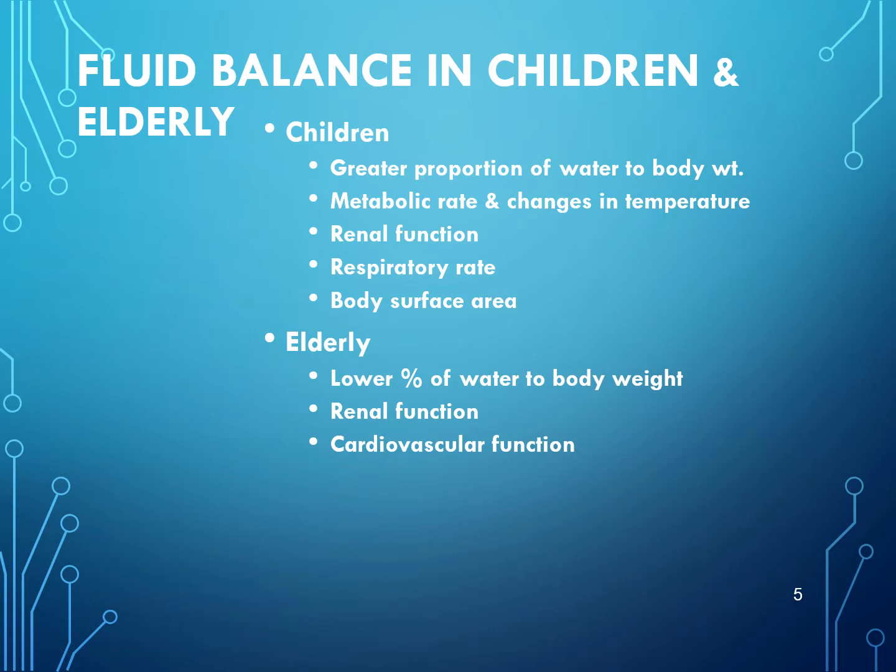Alterations in fluid and electrolytes that can cause minor changes in younger age groups may cause profound changes in the elderly because they're unable to handle the changes as easily. When I'm talking about younger age groups, I'm talking about adults still, but not over 65.